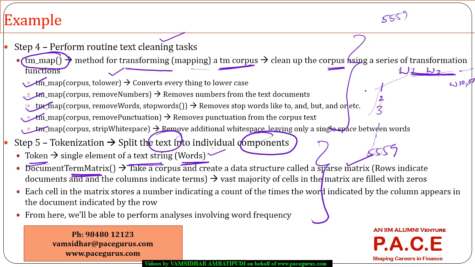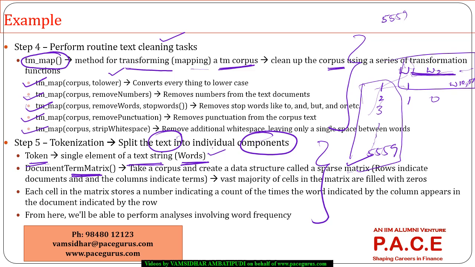So this is a matrix with 5559 rows and 10,000 columns if there are 10,000 words in the data, which will have values of 1 or 0. If that word is present in this particular text, it will have a value 1. If the word is not present in a text, it will be 0.